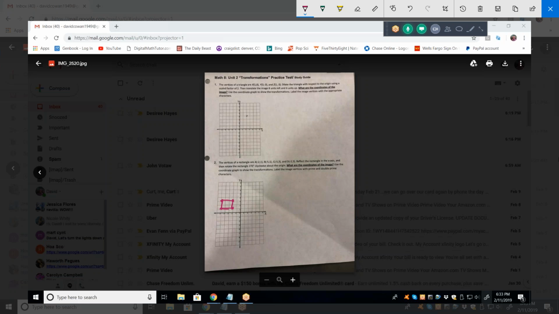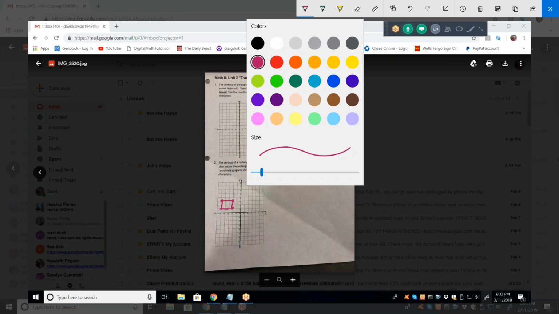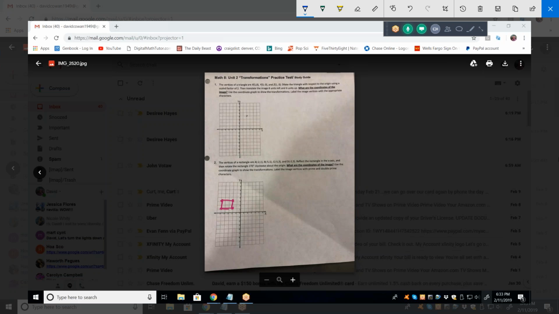What happens when I reflect that in the x-axis? Where does it go? I like to think of that as a vertical reflection. In other words, if I take that pink box and I reflect it over the x-axis, it's got to go to here. Is that 2 units high or 3 units high?